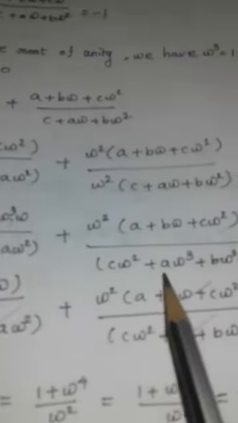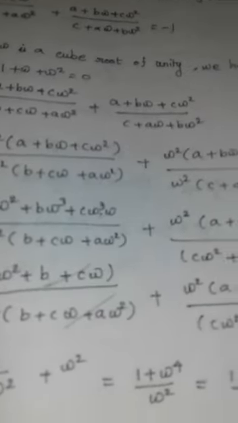Now I multiply a into omega square, b into omega cube and c into omega power 4. Now I write omega cube into omega. Listen, in the denominator I multiply omega square into c omega square, omega square into a omega cube, omega square into b omega square, b omega cube into omega.